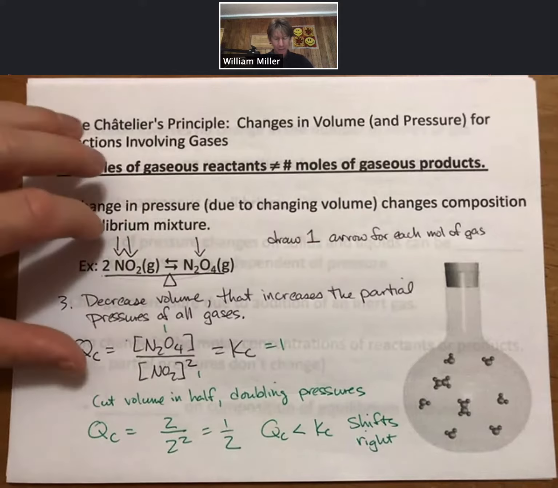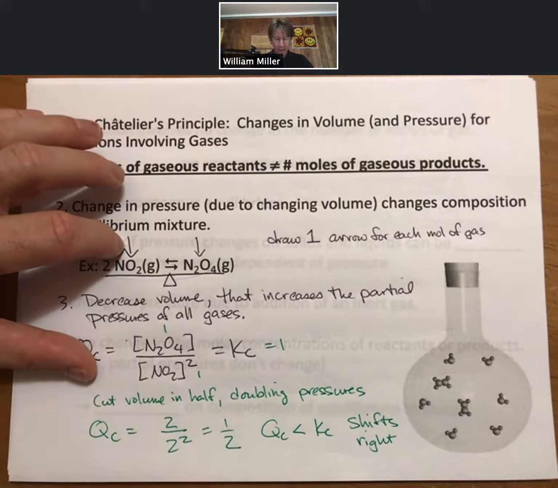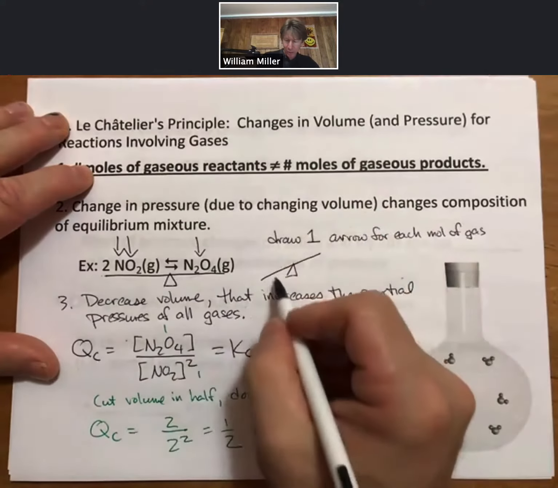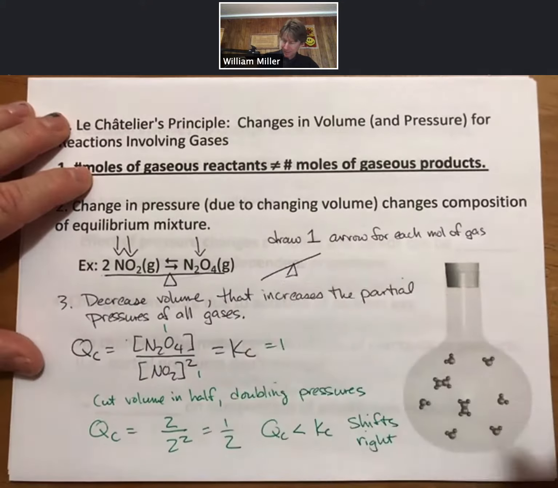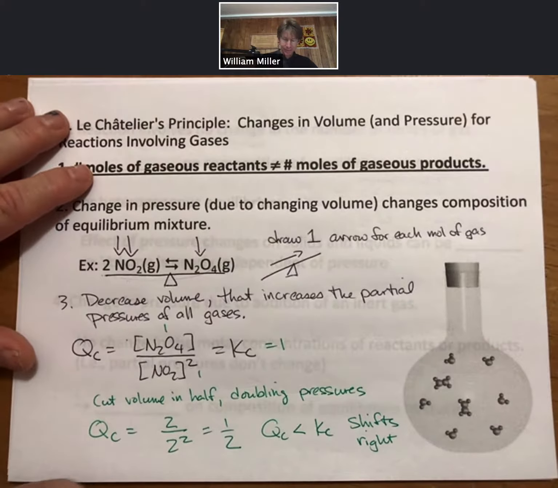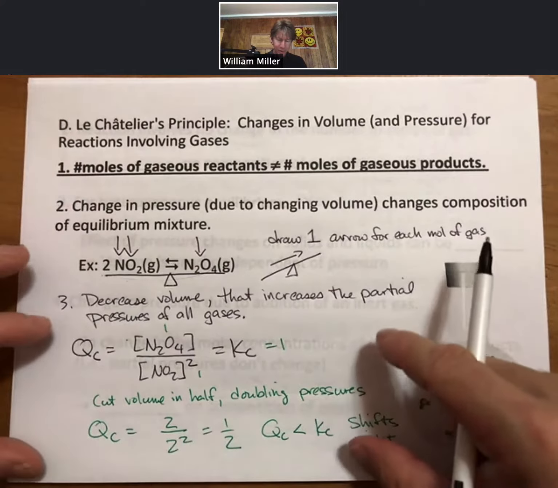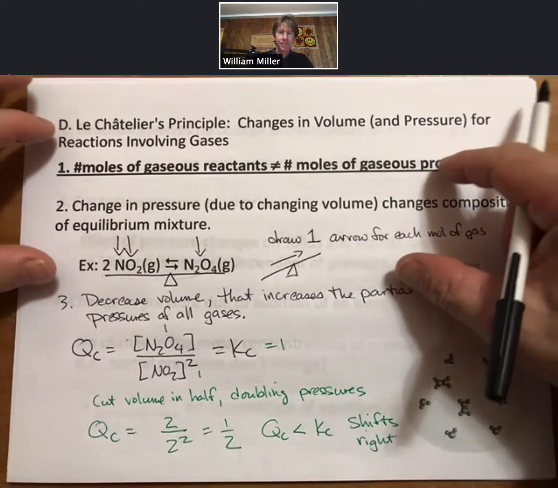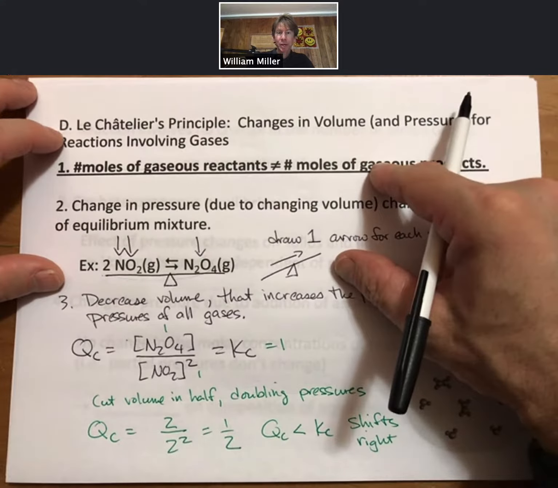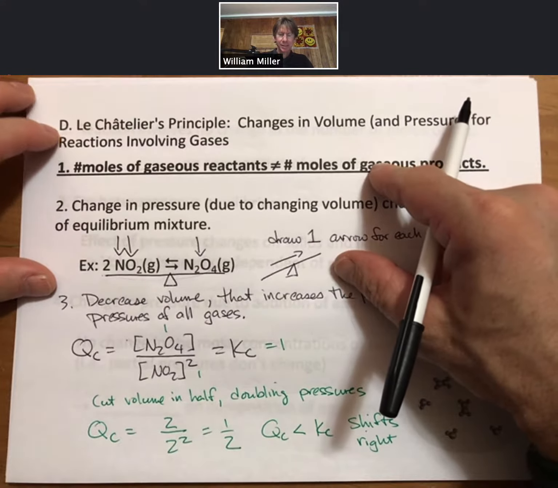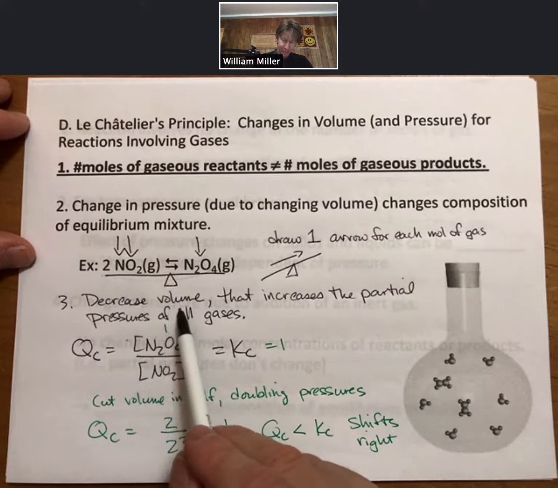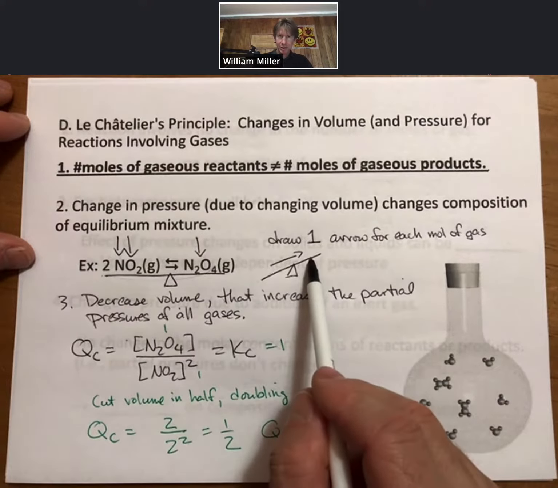It's like double the effect on the reactant side. Our seesaw is now weighed down on the reactant side, and the reaction must shift right. So you can totally do it the Qc way, or the Le Chatelier's principle way, whichever you want. That tells you that when you increase pressure by decreasing volume, the reaction shifts to the right.